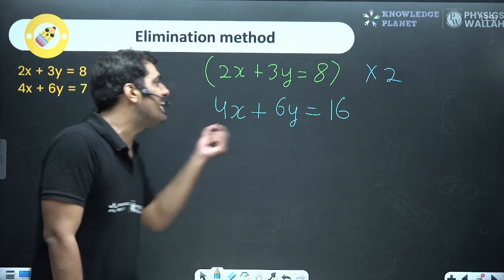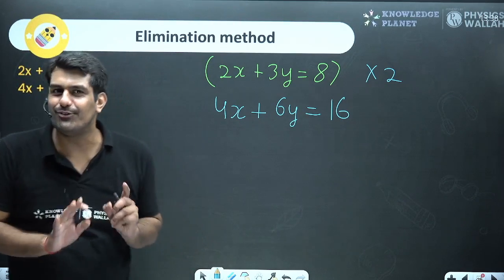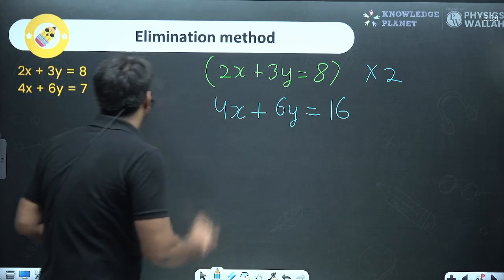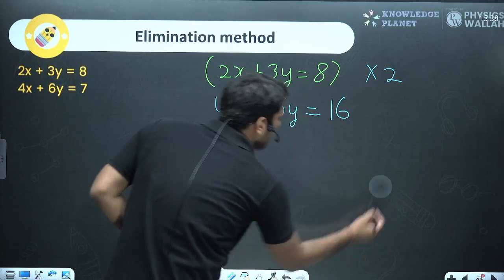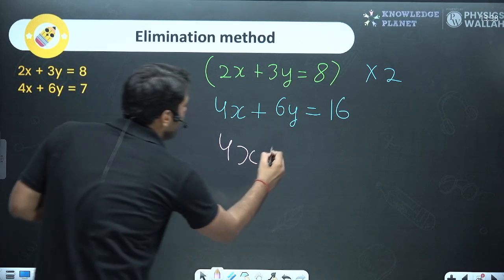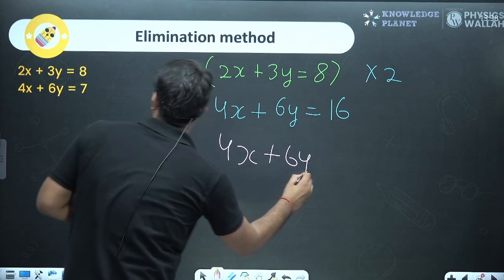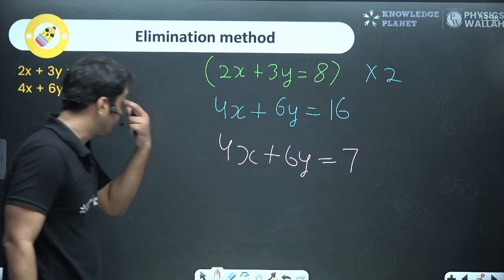Over here, it's the same equation, it has just put on some makeup to fool you. Now, this equation is there. Let me write the other equation as well. The other equation is 4x plus 6y equals 7. Fair enough.